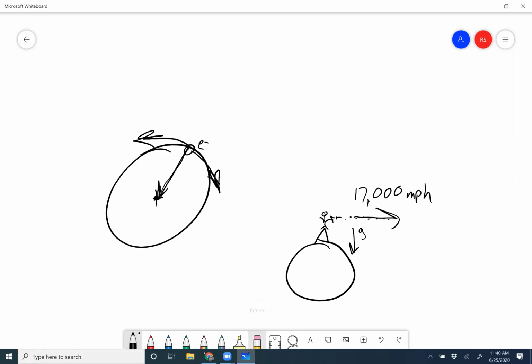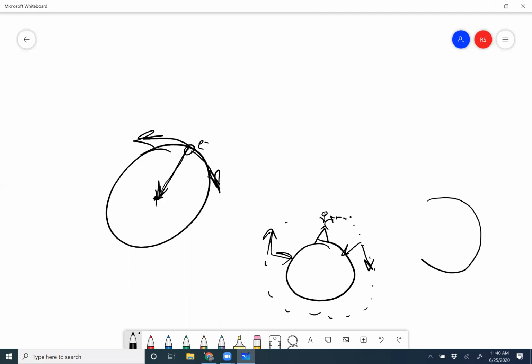And so what is an orbit? An orbit is when the bullet eventually has enough energy to where the force due to gravity is equal to the force forward. And what happens is it orbits.